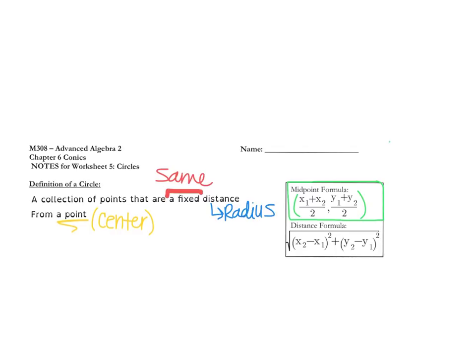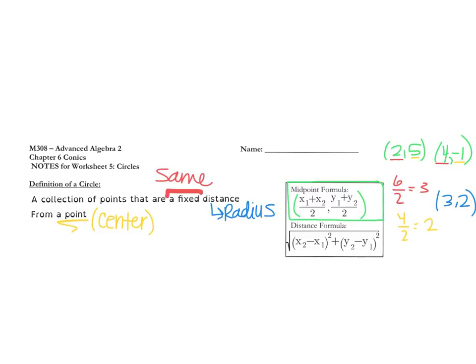Like if I had the points 2, 5 and 4, -1, I would do x plus x divided by 2. That's 6 over 2, which is 3. And then y plus y divided by 2, 5 and -1 is 4 over 2, which is 2. So the midpoint would be 3, 2. That's how you find midpoint.